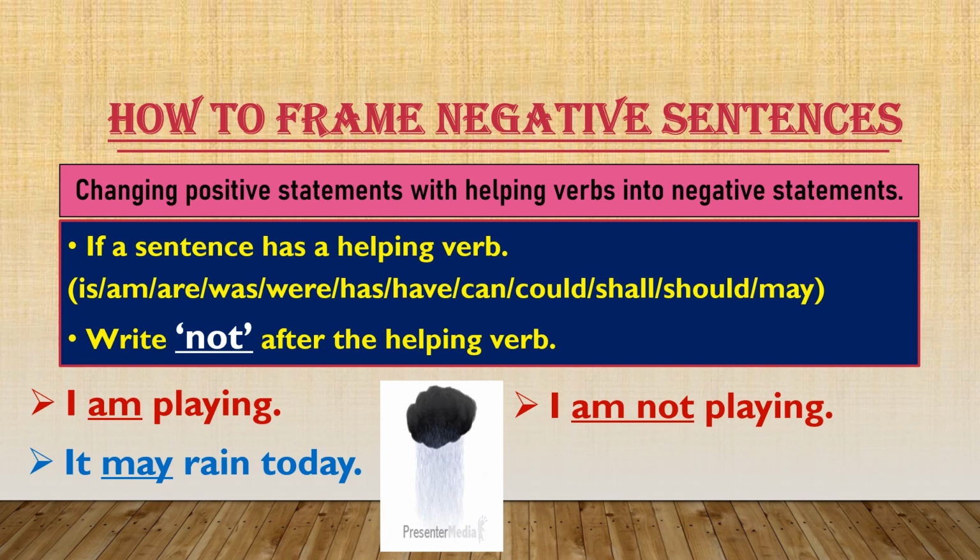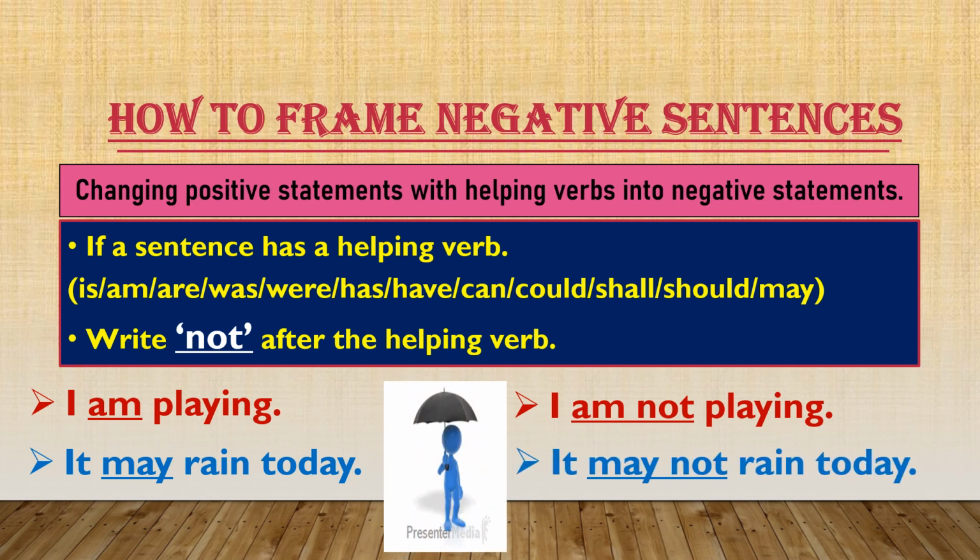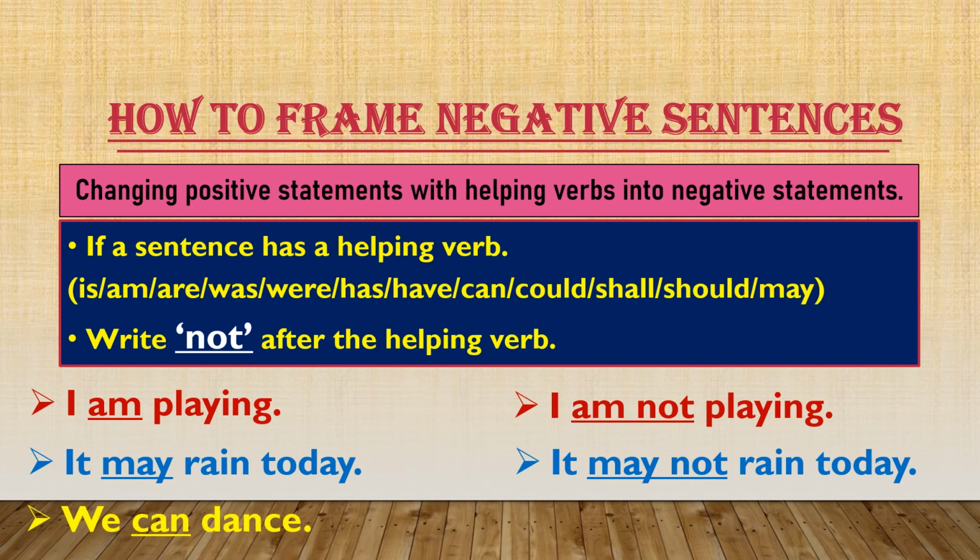And we just have to identify the helping verb and use the word not after that. And our sentence will get converted into negative. So we will write, it may not rain today. Another one for you. We can dance. The helping verb here is can.